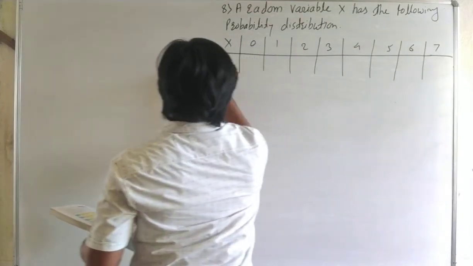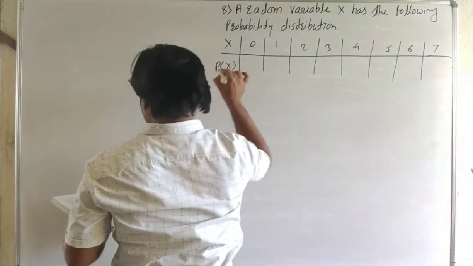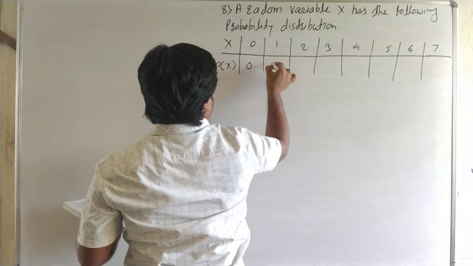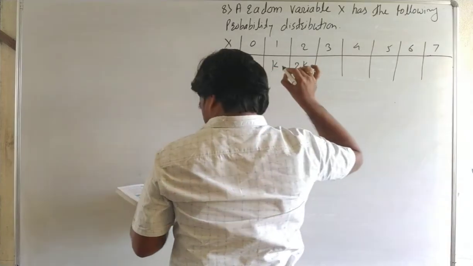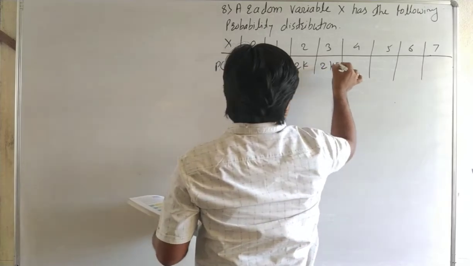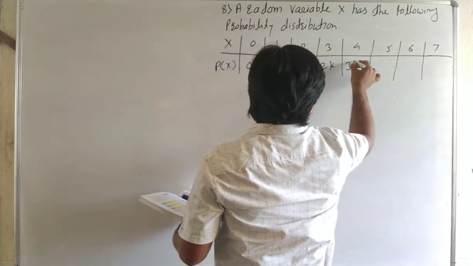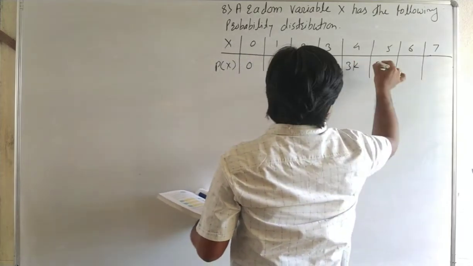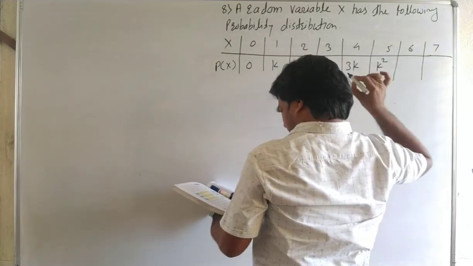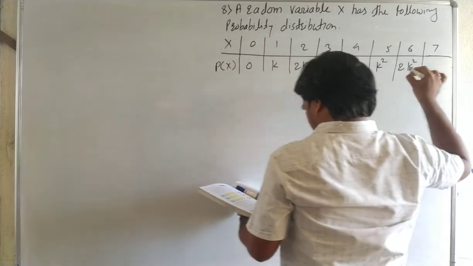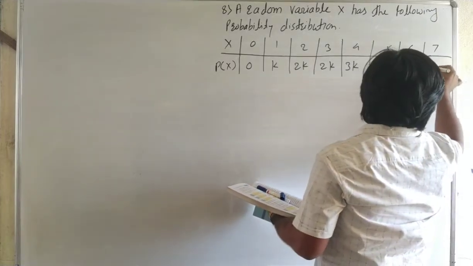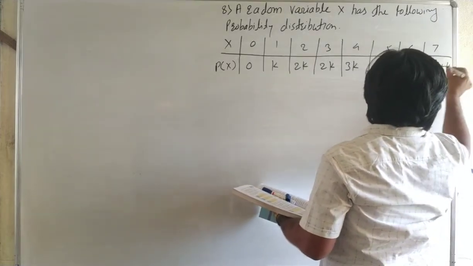Then the probability of random variable X is 0, k, 2k, 2k, 3k, k square, 2k square, 7k square plus k.